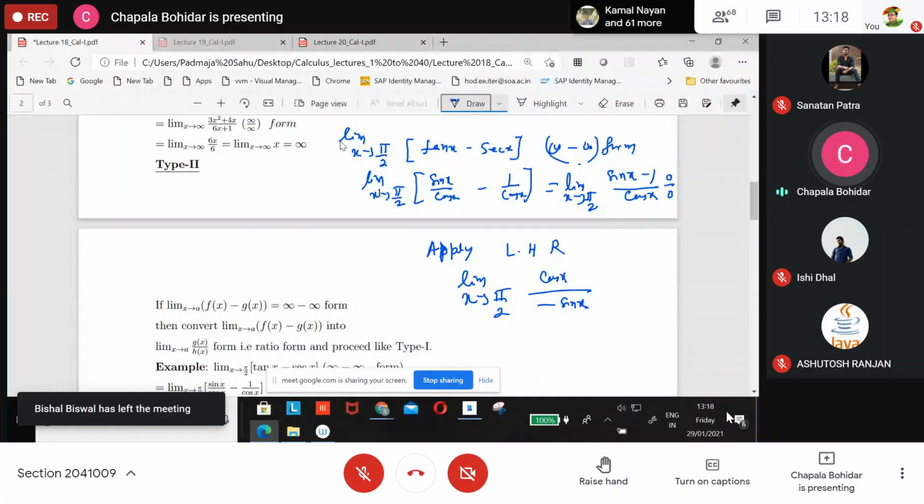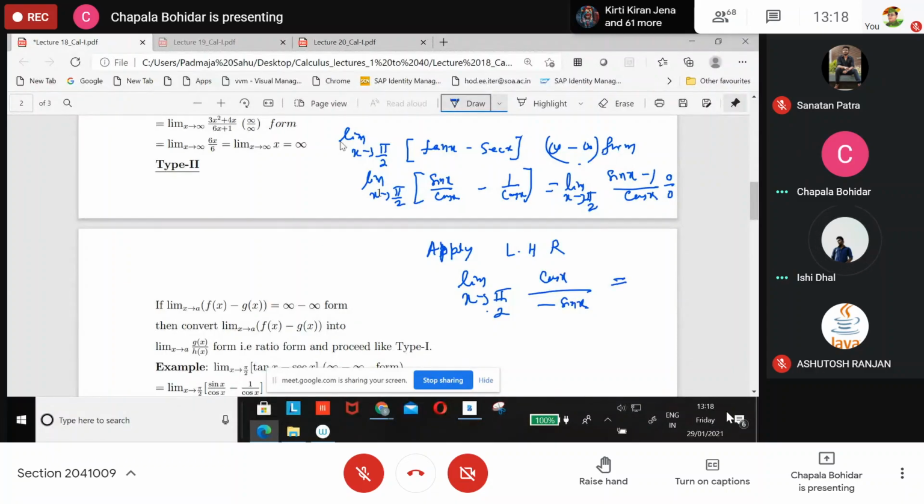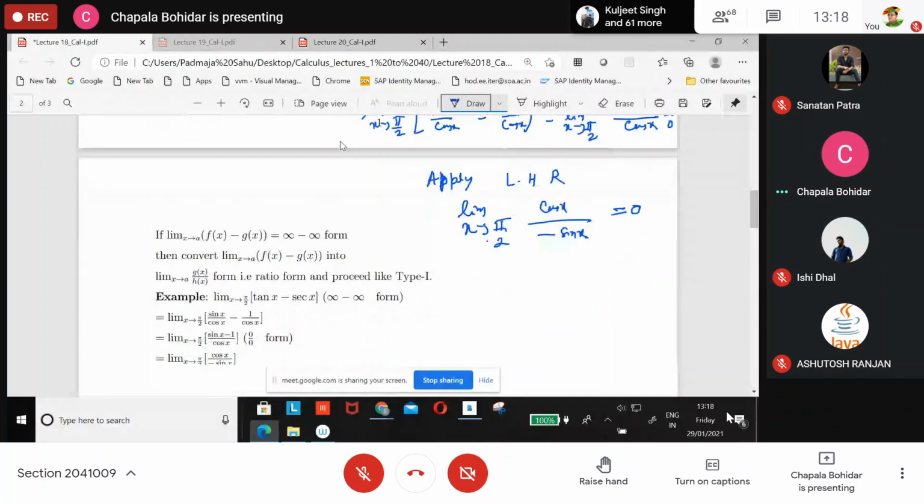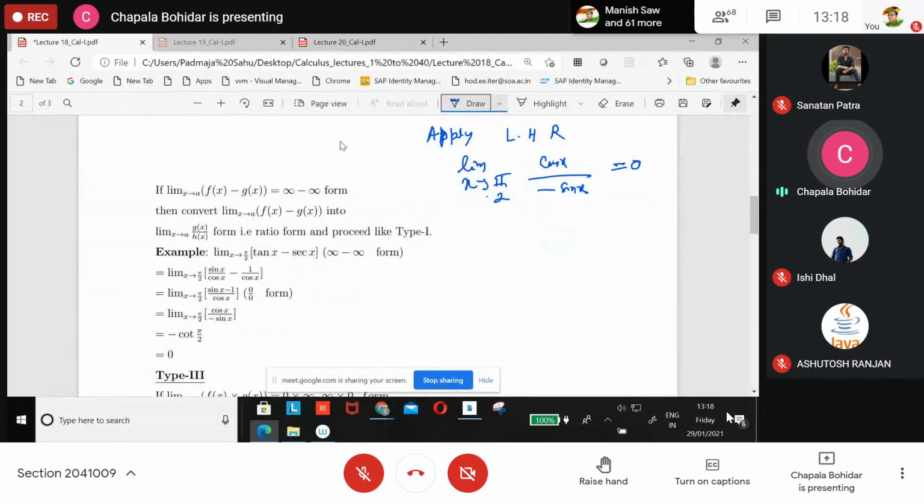What is the result? 0. Yes. The answer is 0. Is it all clear? Yes, ma'am. It may be done like this, by writing minus cot pi by 2.